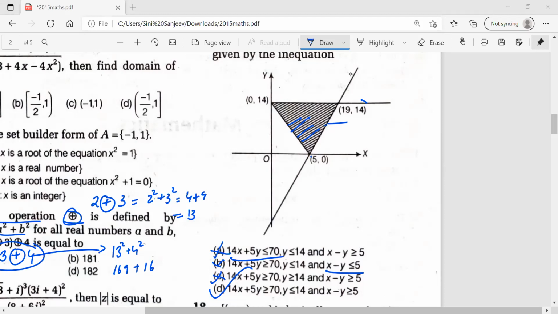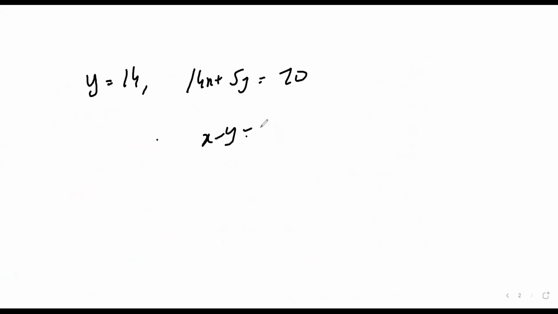See, basically in this, what they've given is we have to draw the LPP graph here. Correct. So y is equal to 14 they've given. 3 lines they told: y is equal to 14, 14x plus 5y is equal to 70 and x minus y is equal to 5. So there are basically 3 lines in this.